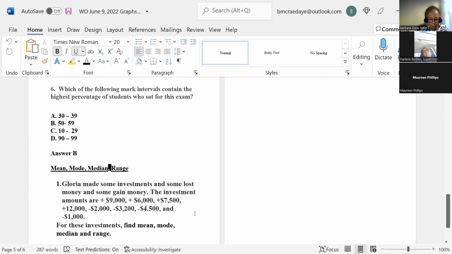Tell me in words, Maureen, how would you find the mean? By adding all the numbers together and then dividing it by 8. That's right, because there are 8 different amounts.